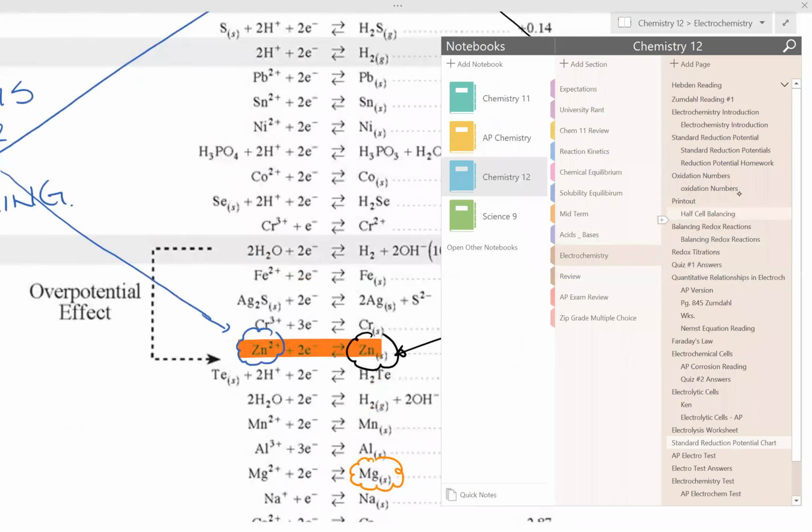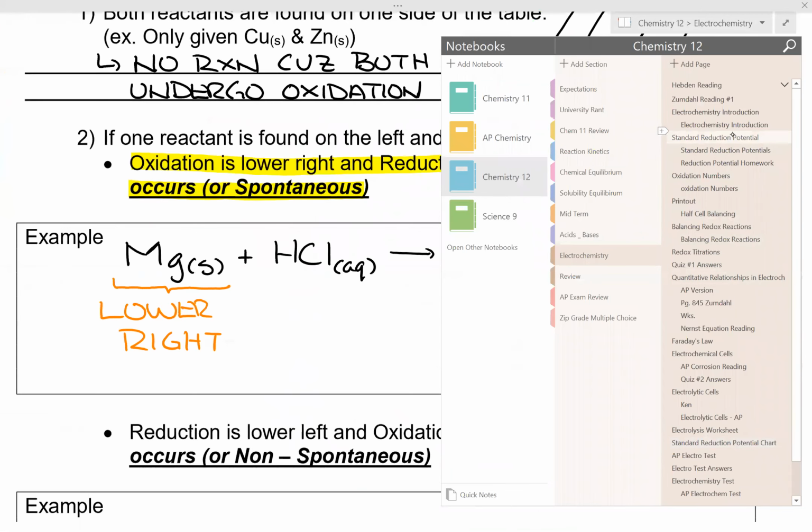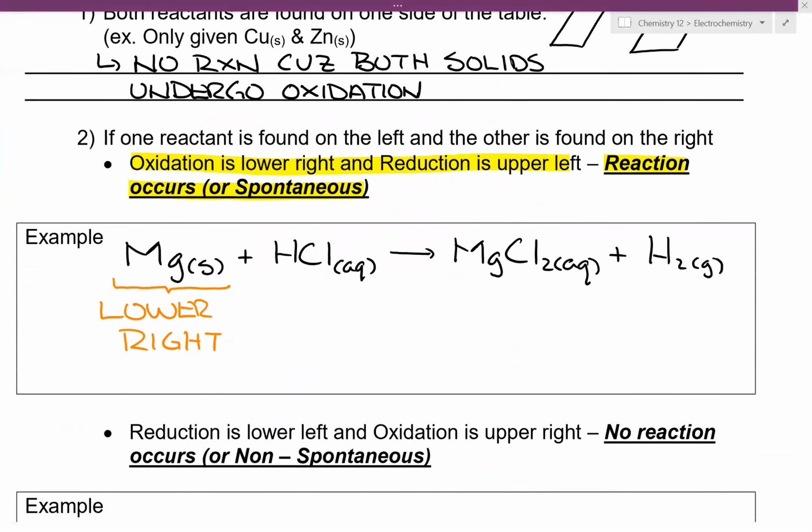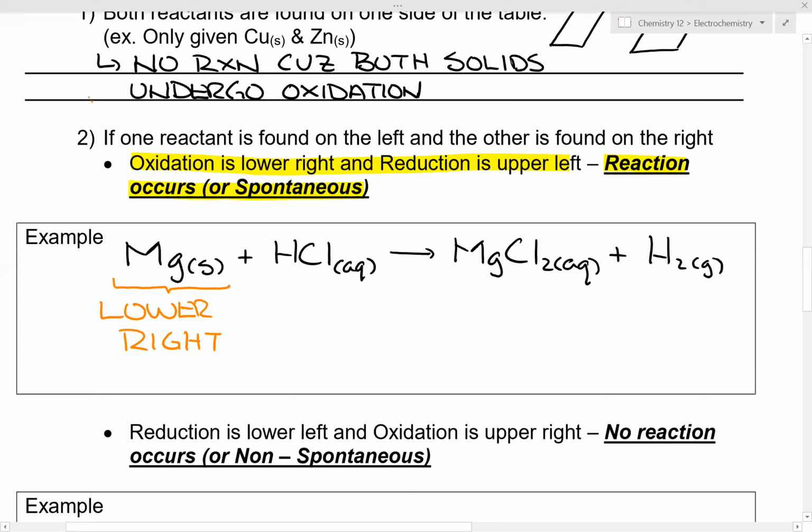How about HCl? Well, going back to acid-bases, HCl is a source of H+. And this is found on the upper left.